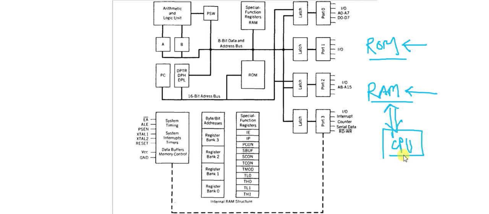So when the CPU needs to store some temporary data or temporary variables, it will use the RAM. As its name suggests, it is a random access memory, and it is also faster.